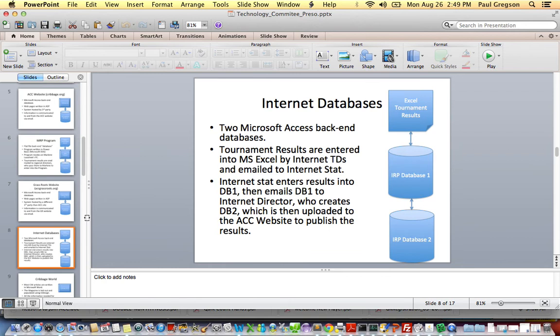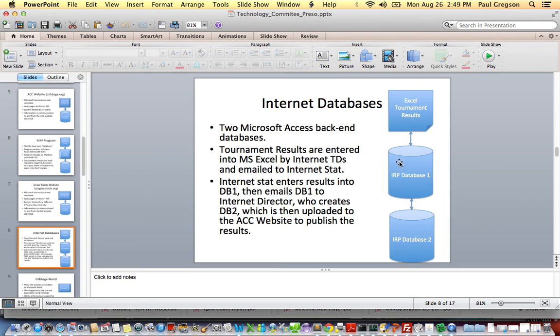Then there's the Internet system, the Internet databases. They actually have 2 Microsoft Access backend databases. First of all, tournament results are entered by the Internet tournament directors into Excel, and then they're emailed to the Internet statistician, who enters them into the first Microsoft Access database.